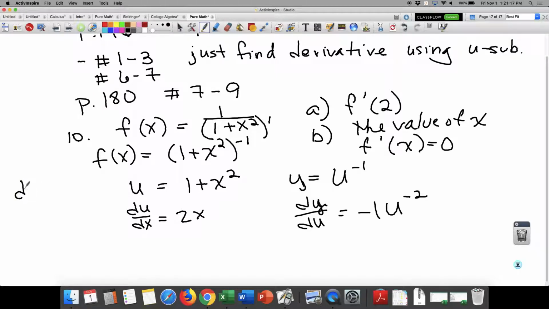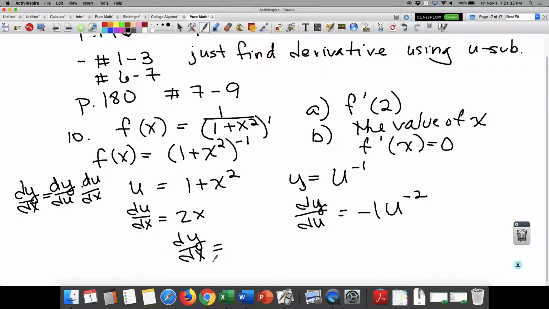So I'm looking for dy dx, which means I do my road map, dy du times du dx. See how I label everything.